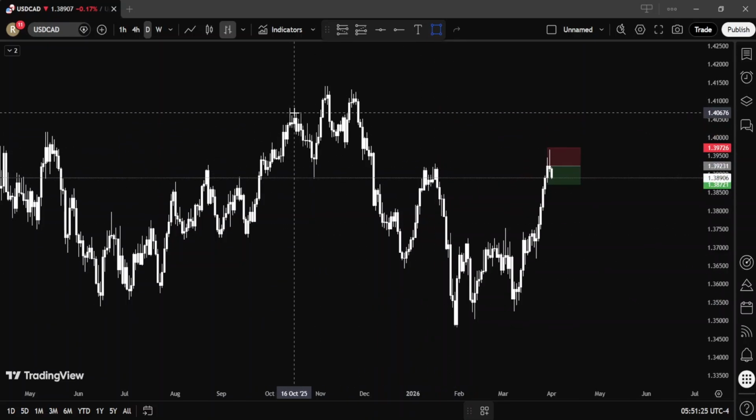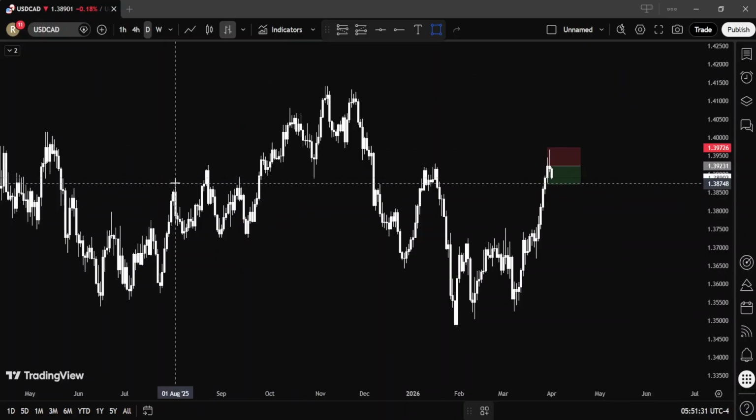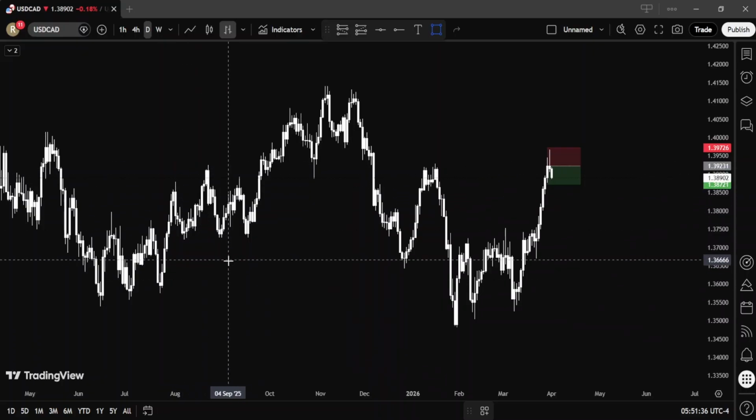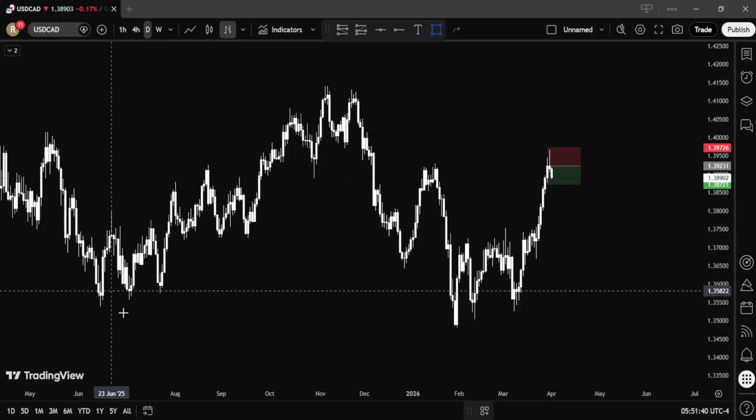Same thing when price comes down here, it reacts from this point. Same thing here, it reacts, it goes down, here it reacts, it goes down, it reacts.